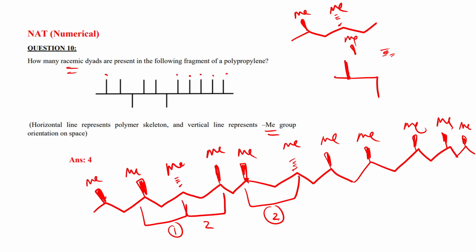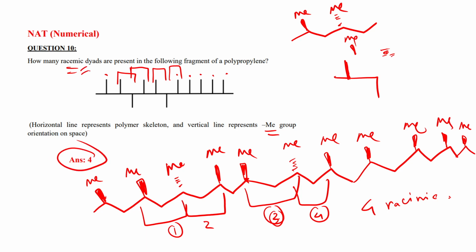So this is the second, this is the third, and this is the fourth. Here itself we can identify that. So this is the first racemic dyad, second racemic dyad, third, and fourth. That's why the answer is four racemic dyads are present.